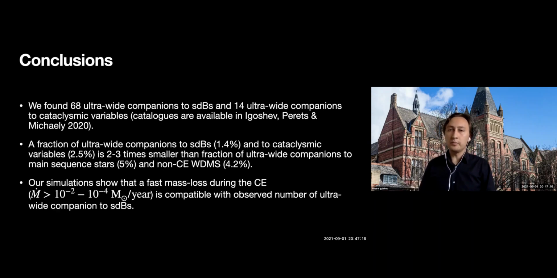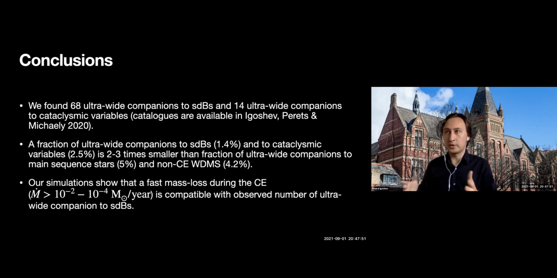So here is my conclusion. We found 68 ultrawide companions to SDBs and 14 ultrawide companions to cataclysmic variables. Catalogs are available in this article, so you can perform modeling yourself if you want. The fraction of ultrawide companions to SDBs is 1.4%, to cataclysmic variables something like 2.5%. And this is 2-3 times smaller than the fraction of ultrawide companions to main sequence stars and non-common envelope wide dwarf main sequence stars.